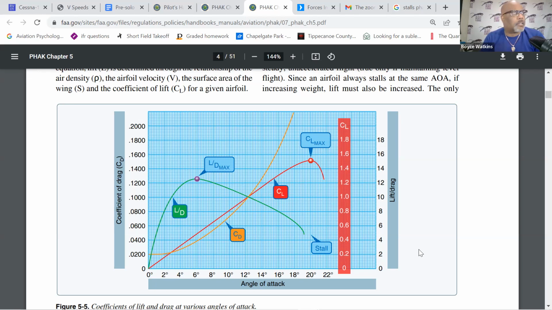You mean like bank, roll, straight and level flight, pitch down and up? It's torque reaction, gyroscopic precession, and then, oh, P-factor. Gosh, I don't remember that from the script. Okay.